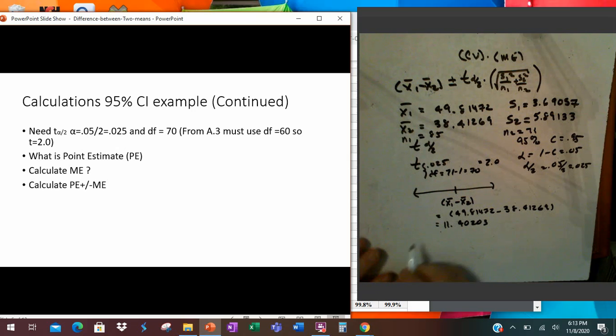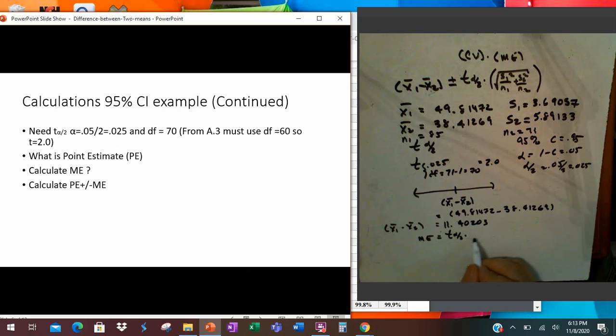Okay, so now my margin of error, this is the x1 bar minus my x2 bar, and then my margin of error is just going to be my critical value, t alpha over 2, times my standard error, the square root of s1 squared over n1 plus s2 squared over n2.